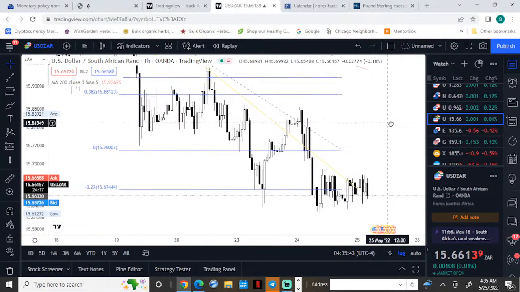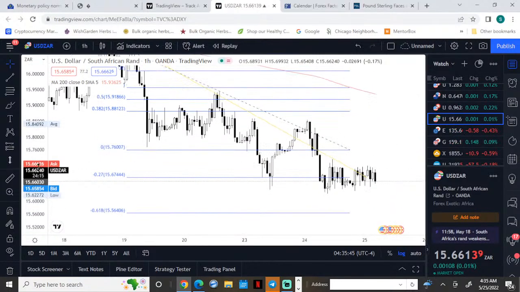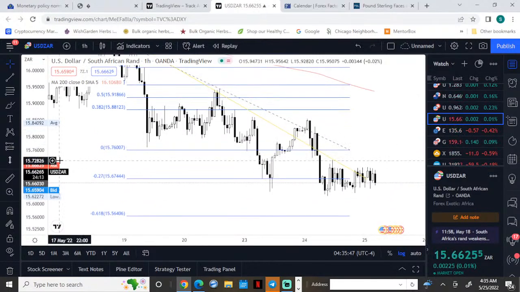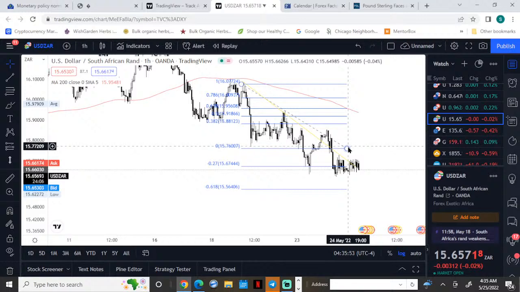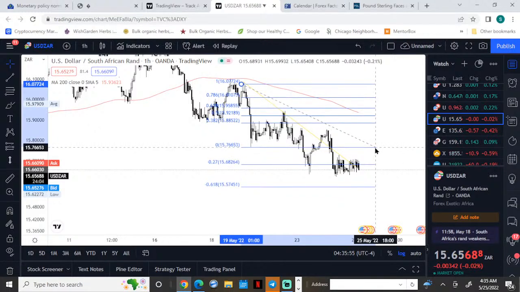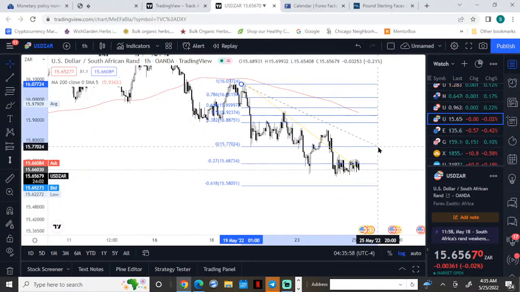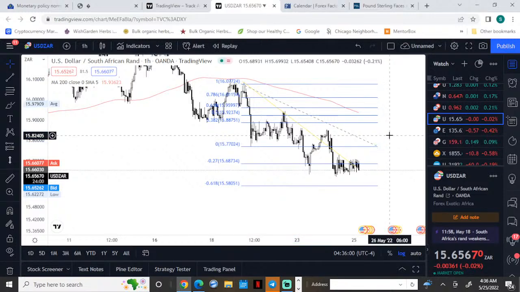I've been watching USDZAR. I've not traded it yet, but it has really nice structure. And it looks like we might get a final TP. I don't know.